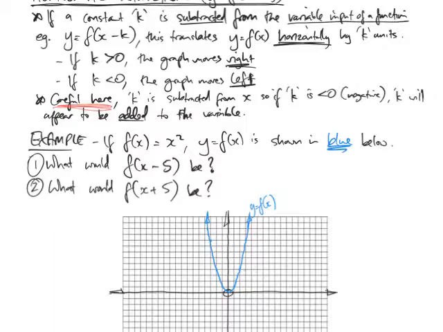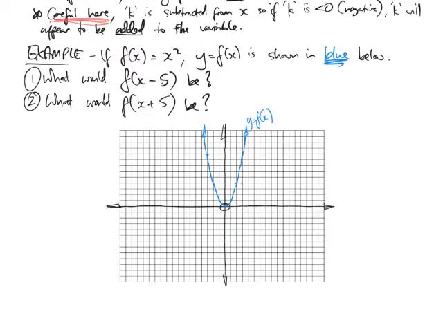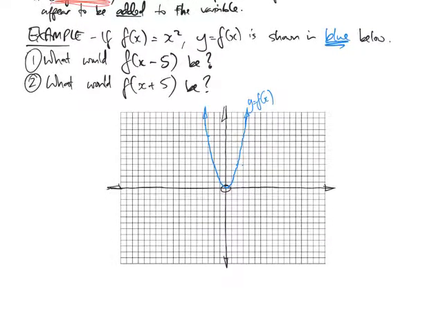So if k is negative, the constant is negative, k will actually appear to be added. It will be x plus k to the variable. So just be careful there. You just remember that it's x take k, and you need to think about your positive and negative numbers when dealing with it.